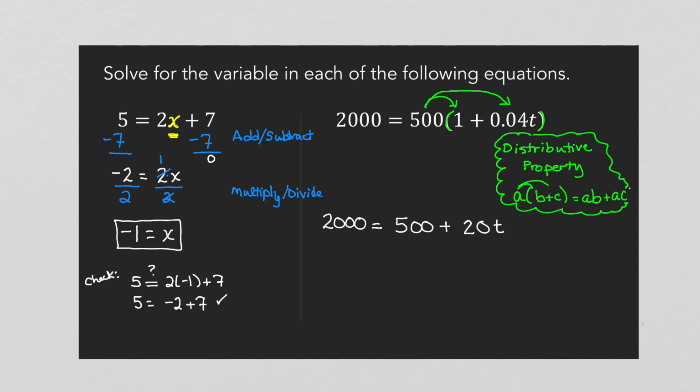Take that on your calculator. Try it. You want to take 500 and multiply it times 0.04, and it should give you 20t.